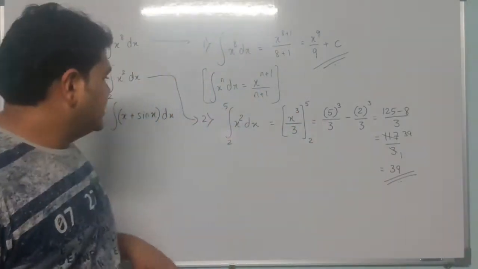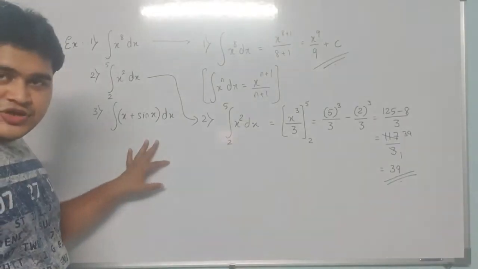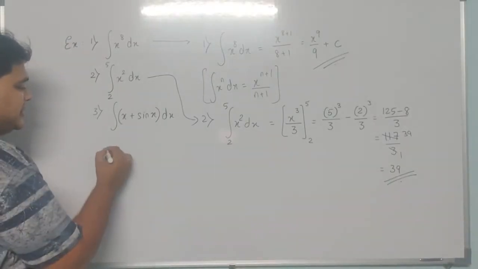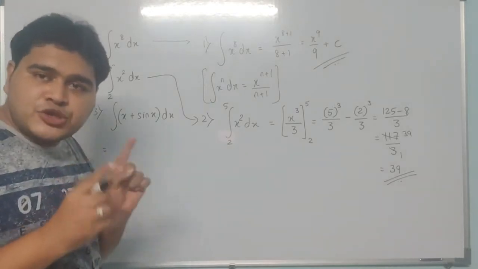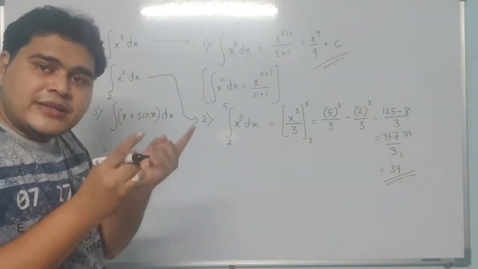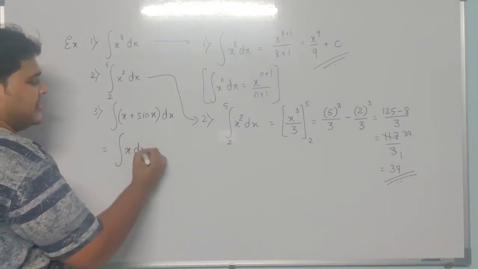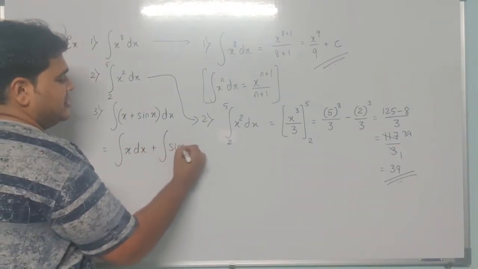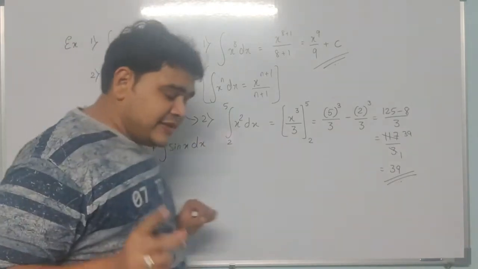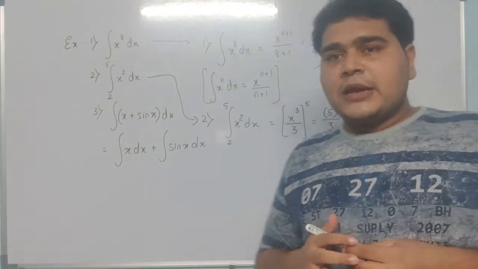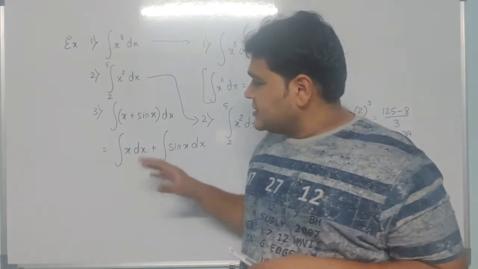Okay. Now we go for the last sum, the third sum. Here, as we can see, it's the addition of two functions. So we separate them as per the integration. So we get integration x dx plus integration sin x dx. Now guys, many of you make a mistake over here with x dx. How to solve this?